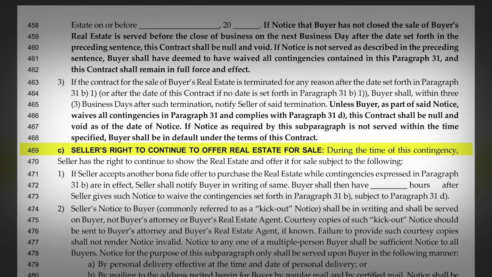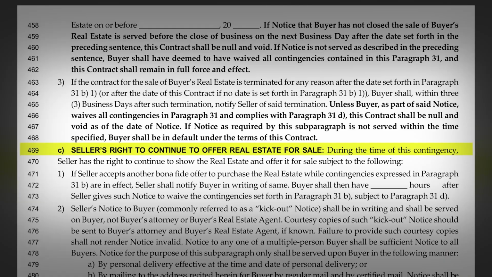Well, subparagraph C, the seller's right to continue to offer real estate for sale. This paragraph talks about the fact that the seller is still going to be able to show this property. It is not totally off the market yet. That is why on some third-party sites, you all see that it's still showing active, because it's still considered not a fully concrete sale.